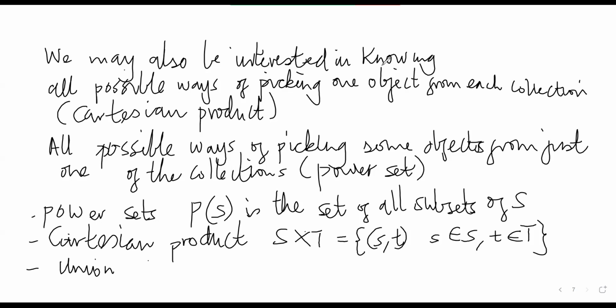So the symbolism for union is S union T. Symbolism for cross product is S cross T. Power set, that is a symbolism. So we are looking at the symbols.